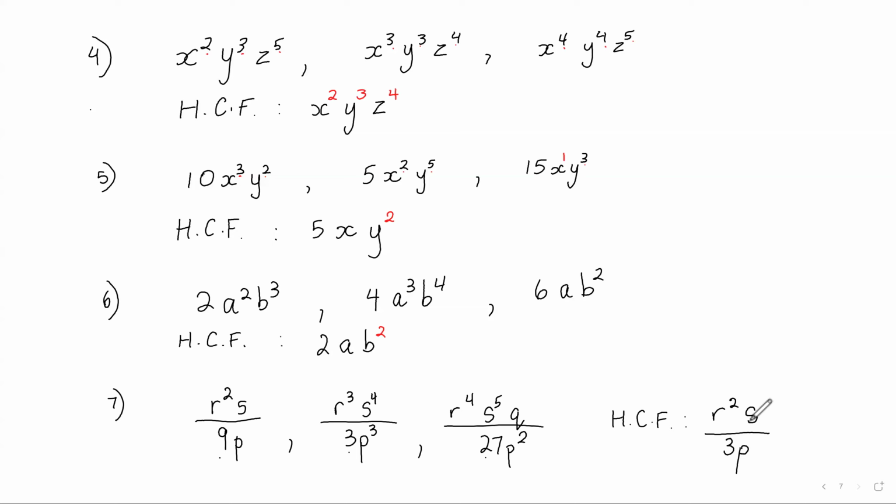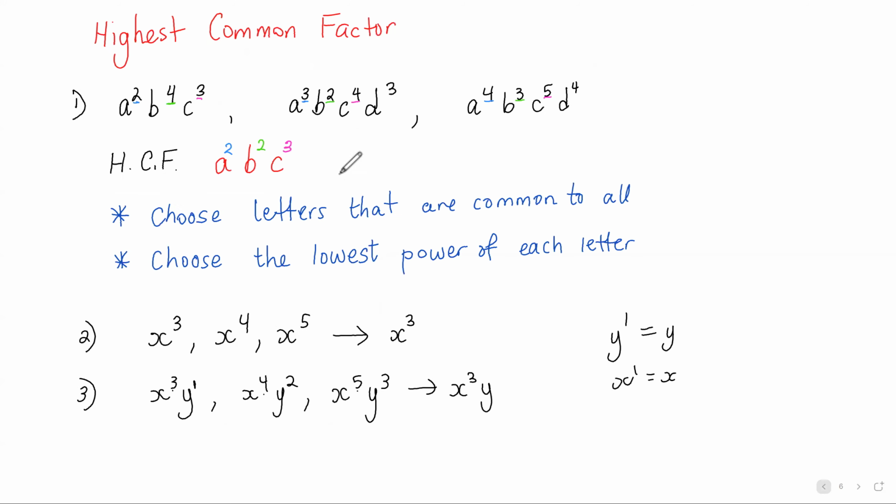Do you guys feel you understand how to identify the highest common factor? I feel like when you just look at the terms, it could be a little confusing. But if you use a strategy of first identifying the letters or numbers that are common to all, and then choosing the lowest power of each, I think that would make it simpler, right?